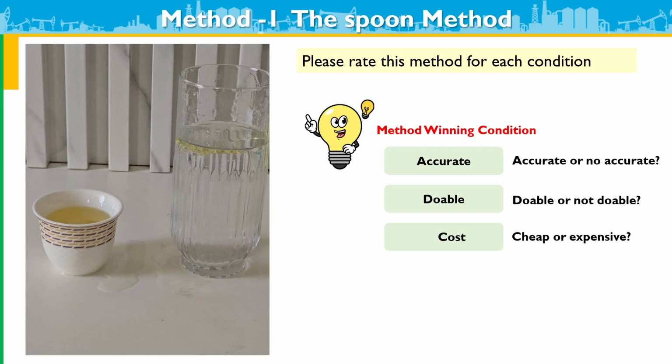So now let's rate it based on the doability. Layan, not accurate. What do you think about doability? Is it doable or not doable? If I ask you to do this exercise on a daily basis, would you think it's doable for the long term? What do you think? I want to hear your views.